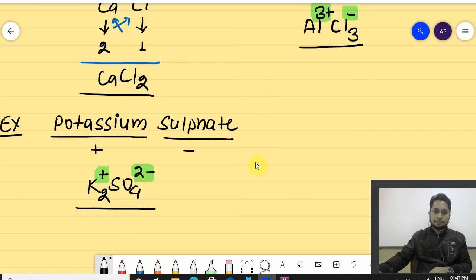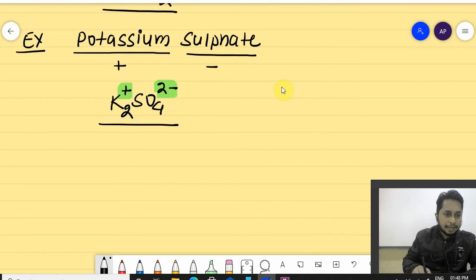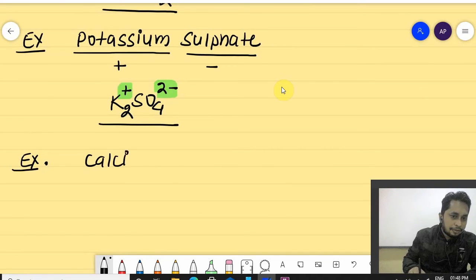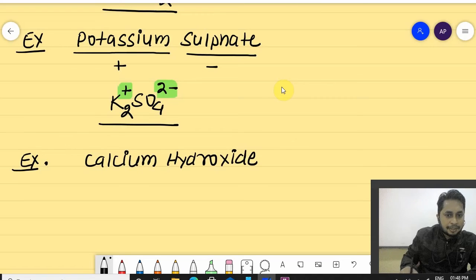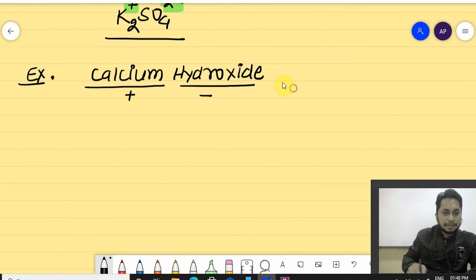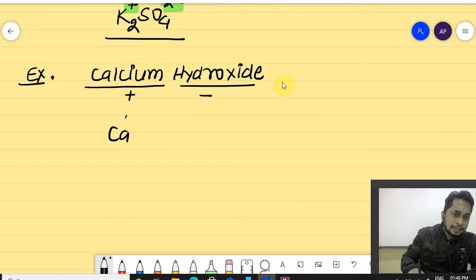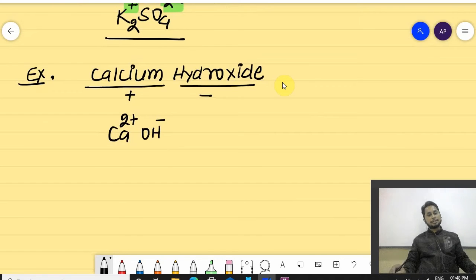But similarly, if we want to write with a polyatomic ion, meaning an ion which is formed by more than one atom, suppose we want to write the formula for calcium hydroxide. The first is the cation and this one is the anion. The symbol for calcium with charge is Ca double plus, and hydroxide with charge is OH single minus.